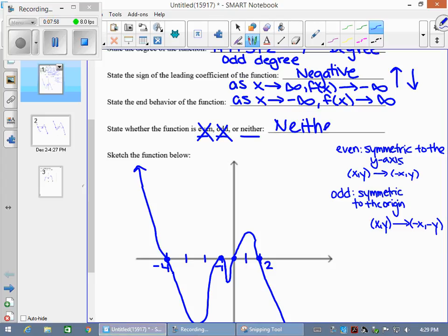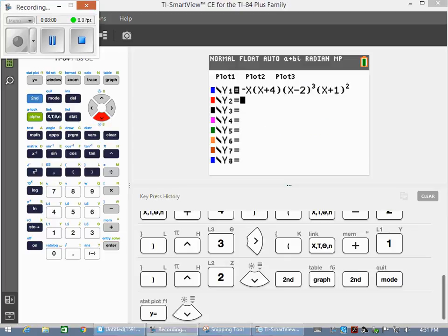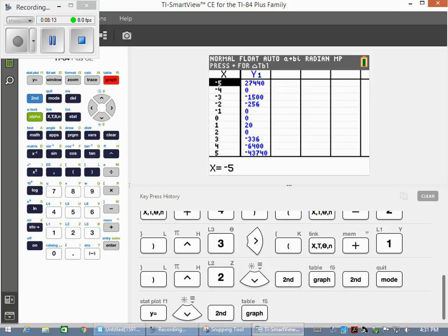The other way that we can determine whether this function is even or odd a little bit quicker than looking at the graph is to type the equation into your y equals, go to your table, second graph, and look at these y values. We know that for an even function, every x, y on a graph should also have a -x, y, because there's symmetry to the y-axis.